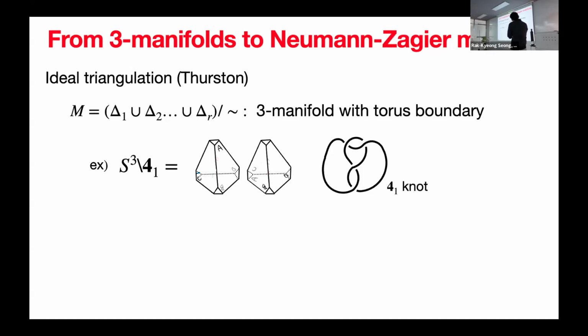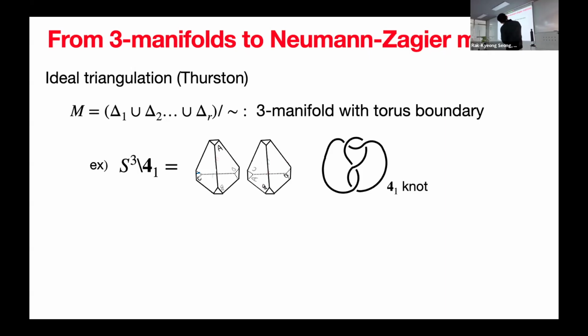So the idea is that we topologically decompose the 3-manifold, something like a knot complement, into some basic building blocks, the so-called ideal triangulation, so ideal tetrahedra. For example, one of the most famous examples of this ideal triangulation is the so-called figure-eight knot. It is known that it can be glued from 2 tetrahedra with some identification.